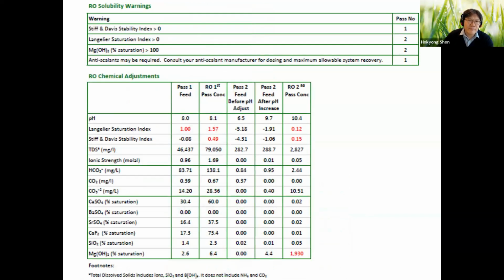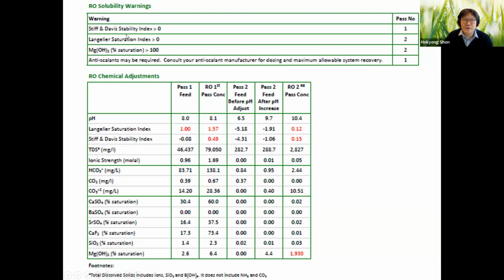Also, as I mentioned, we can see the RO solubility warning. This report will also show you the warnings of your design. You have a stiff index more than 0 at pass 1. And then the LSI value is more than 0, which means you still have fouling potential. In the second pass, you also have magnesium hydroxide; anti-scalant may be required, and consult your anti-scalant manufacturer.